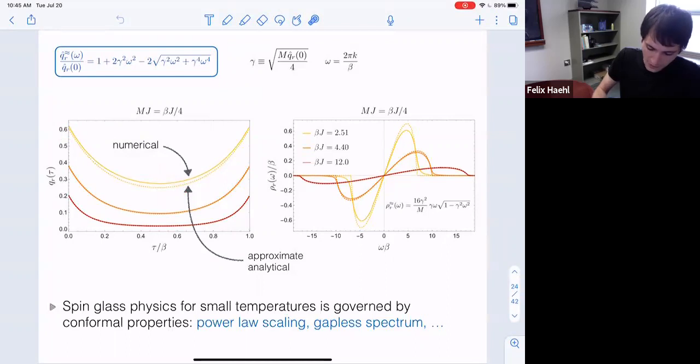Or in terms of the spectral function, again, you can compare the analytical solution to the numerical exact solution in the spin glass, and you see that they match quite nicely. For instance, the spectrum is now gapless. You have excitations all the way down to 0 frequency, which is one of the manifestations of this conformal limit.